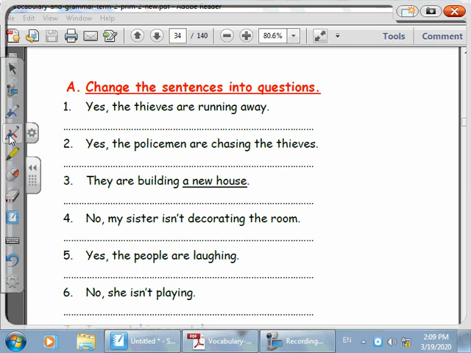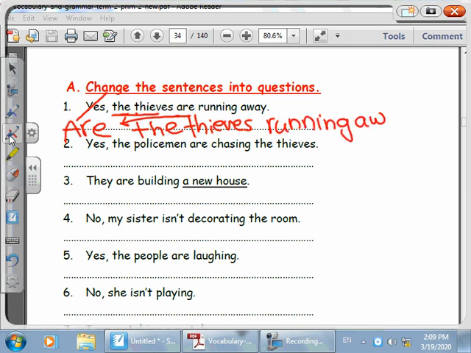The thieves are running away. What is the first thing to do? Very good. Yes, I crossed the yes. The thieves are running. So I will make a scissor here. Are the thieves running away? And then question mark. I will answer a type for the yes-no question and another type of WH question.